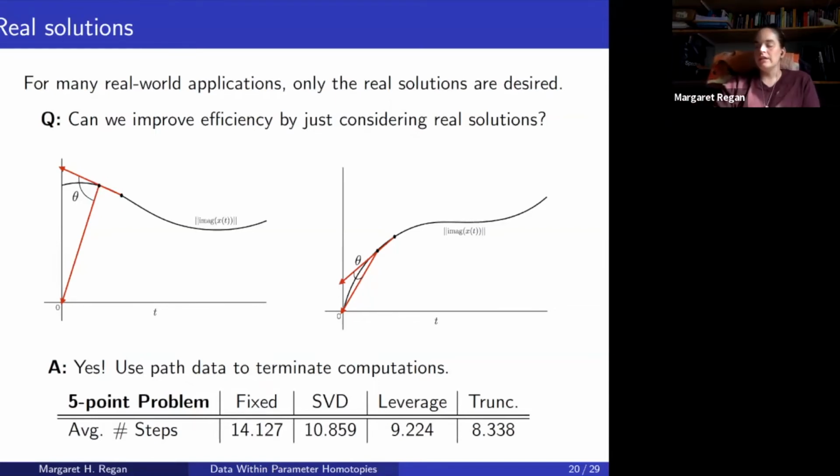And so if we extrapolate to something like the Cleveland or Chicago problem that I mentioned briefly earlier, the impact could be even greater. Chicago, I think, has on average 40 real solutions, and there are 360 or 312 total. So the difference between that is pretty large, especially when you have a much more complicated polynomial system. So we can save a lot of computational time there.